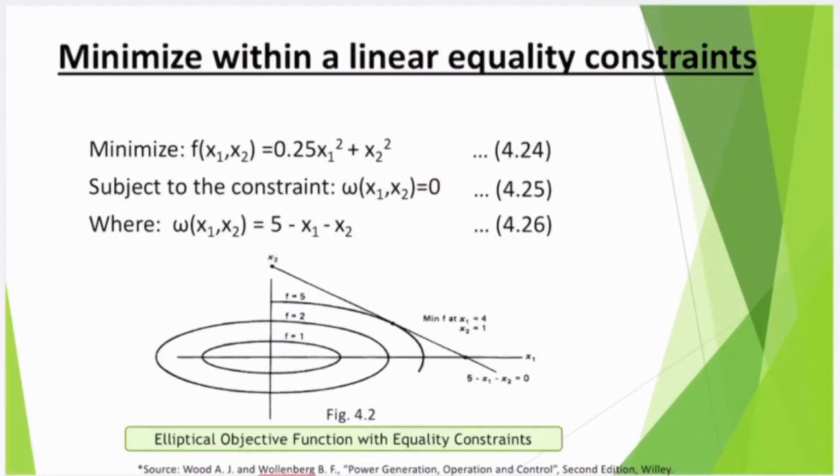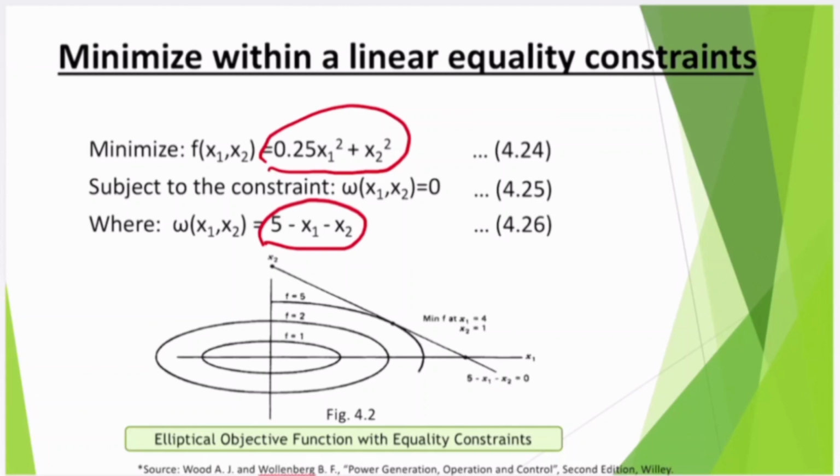Now, when you try to minimize a linear equation, just for your understanding, because I thought of just touching upon all the solution processes available for optimization for your own benefit, but we are not supposed to get into too much detail in the optimization course here. If you would like to minimize a function which is 0.25 x1 square plus x2 square with a constraint omega of x1, x2 equal to 0, where omega of x1, x2 equals 5 minus x1 minus x2, now we need to optimize this equation subject to x1, x2 satisfying this.